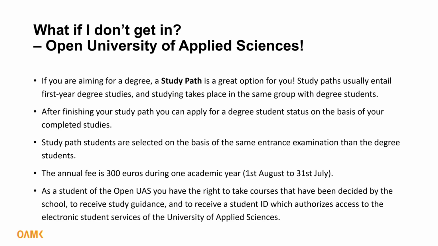After you have received 15 ECTS credits, you can apply to be a degree student. The annual fee is 300 euros. As a path student, you can study all the courses, also the master thesis. You can do all the studies, but you can't get the degree certificate before you are a degree student.